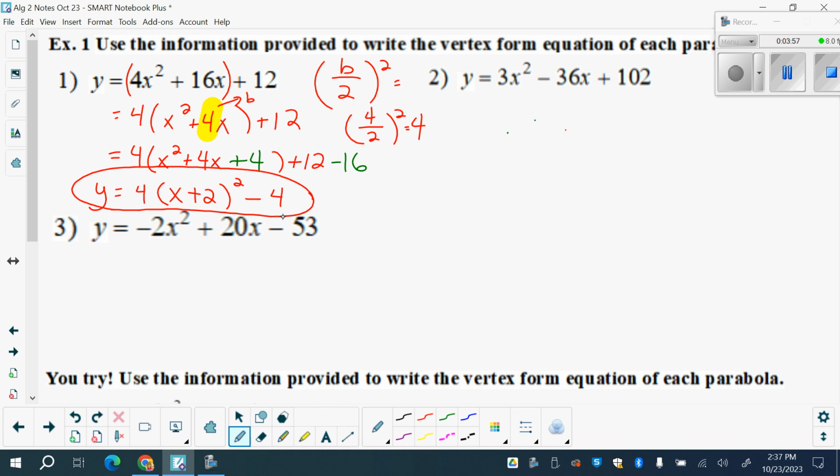Okay, so number 2, again, I have a coefficient in front of my x squared. So what am I factoring out this time? A 3, that's right. So this would be 3 times what? Paulo, tell me what goes inside here.